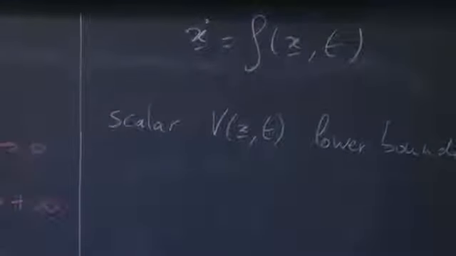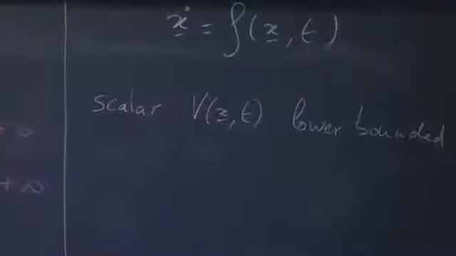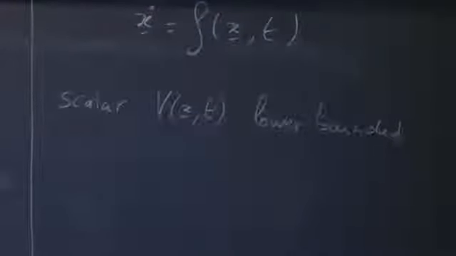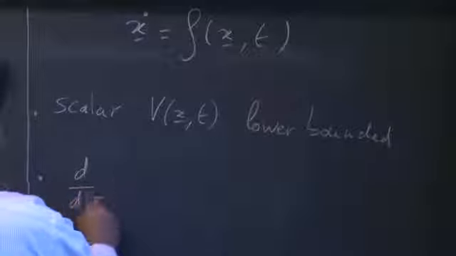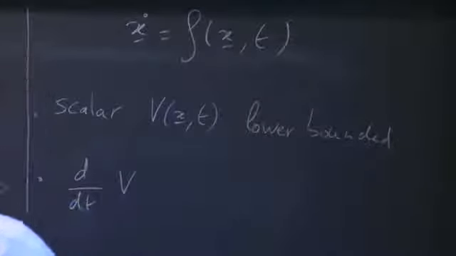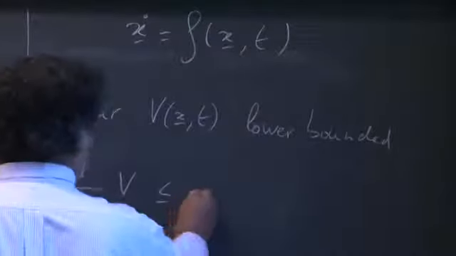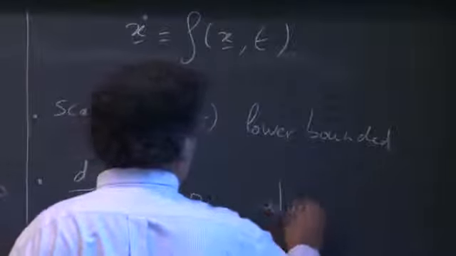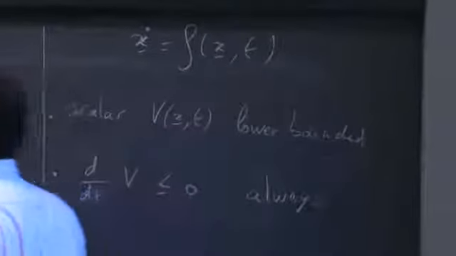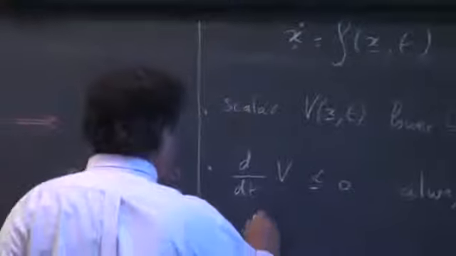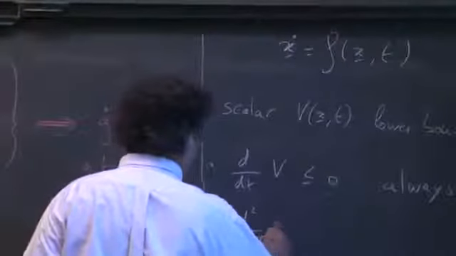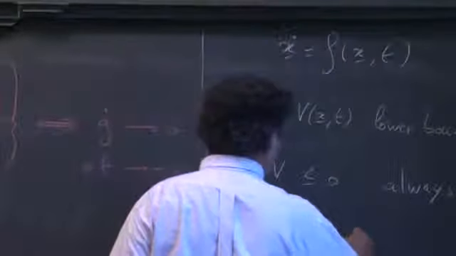Doesn't really matter anyway because we're going to take the derivative. Such that d over dt of v is always negative or 0 along all trajectories, and such that d squared over dt squared of v is bounded.